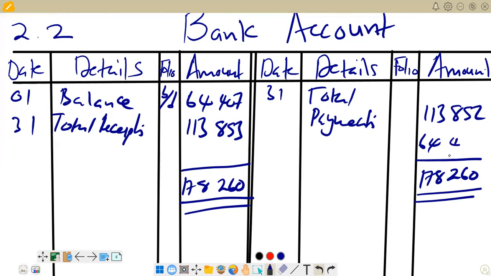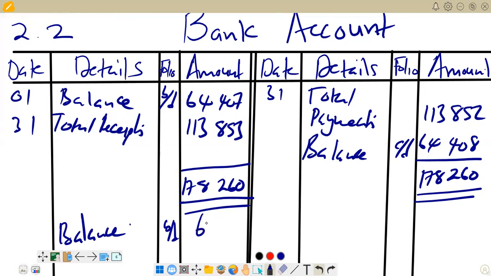So this is our balance CD. So our CDs come here. Then this is going to be our balance BD on the opposite side, below the double lines. So balance BD, 64,408. So this is what we have there.